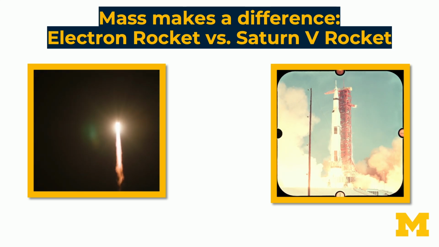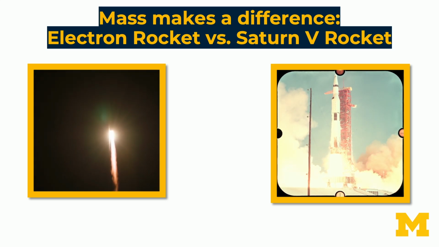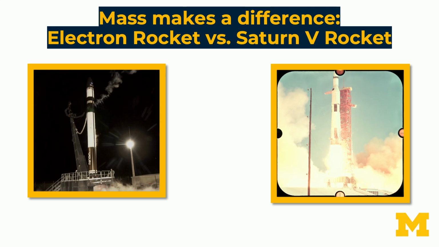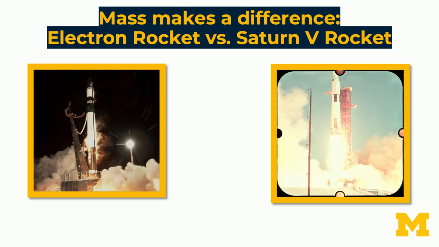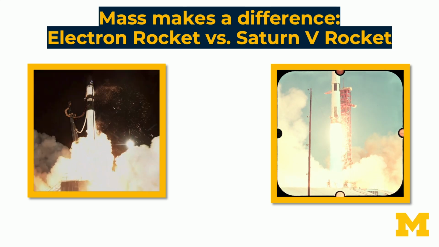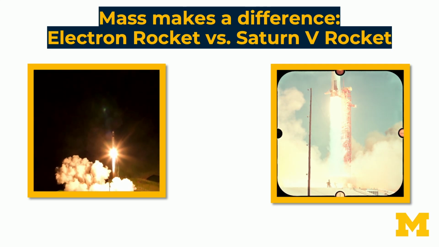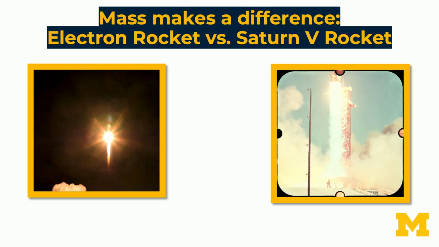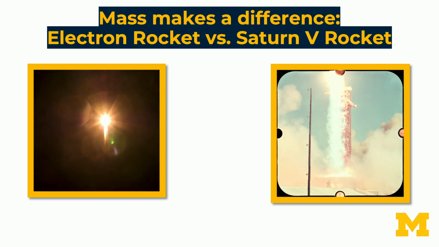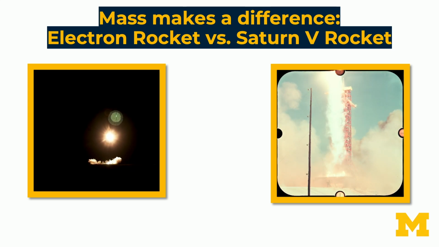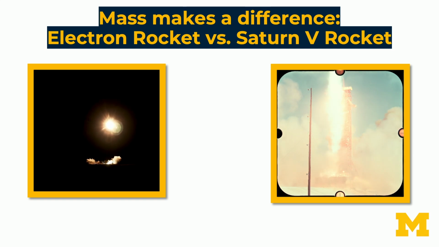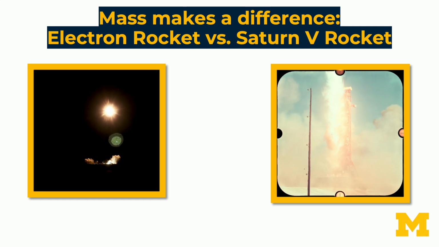They take things that are like 300 kilograms at the absolute largest up to orbit. While the Saturn V rocket takes things that are incredibly huge up to orbit. The Saturn V rocket actually delivered people to the moon. And so the Saturn V is just massive, while the Electron rocket is very small.